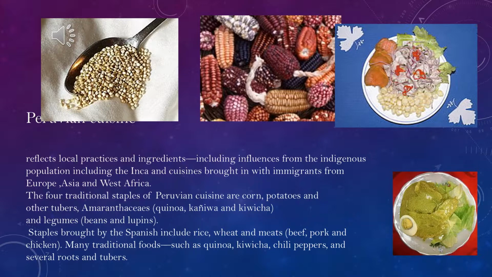Without the familiar ingredients from their home countries, immigrants modified their traditional cuisines by using ingredients available in Peru. The four traditional staples of Peruvian cuisine are corn, potatoes, and other tubers like amaranthus, quinoa, cañihua, and kiwicha, and legumes like beans and lupins.